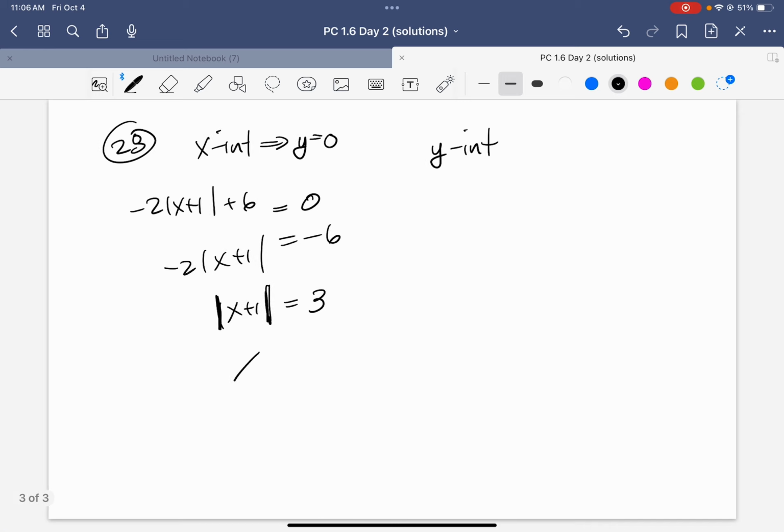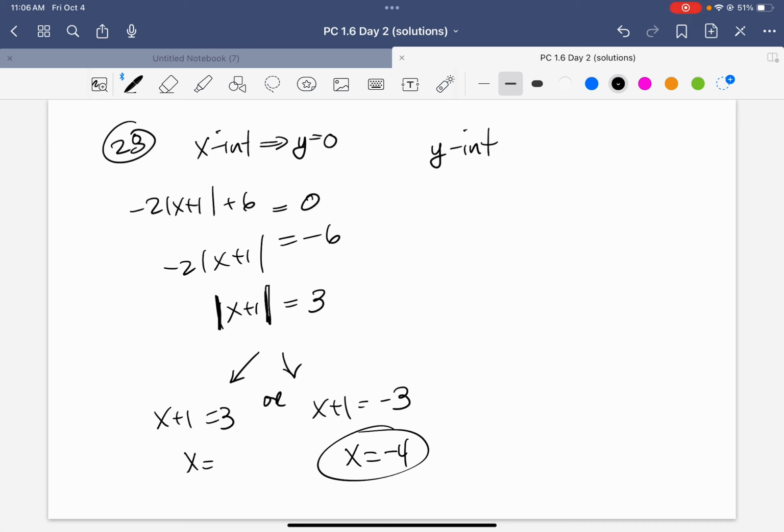Then if the size of my thing is 3, I can rewrite it because I know that thing is 3, or that thing must have been -3. So that's where you get -4 as one answer, and 2 as another answer. So (2, 0) and (-4, 0) are our x-intercepts.